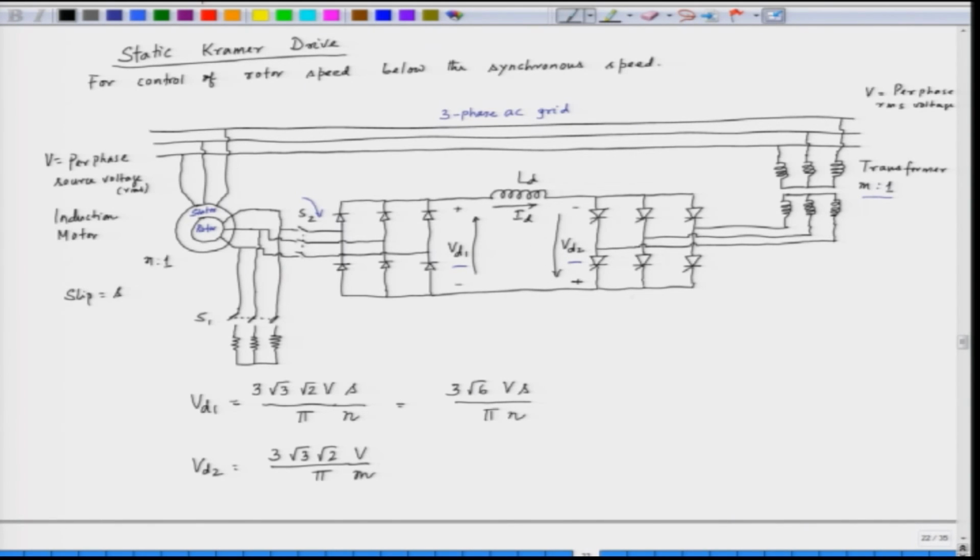So, this is a controlled rectifier. So, what we have here is a controlled converter. Since we have a converter and this is a rectifier, we have to multiply with cos alpha. Alpha is the triggering angle or the firing angle of the converter.